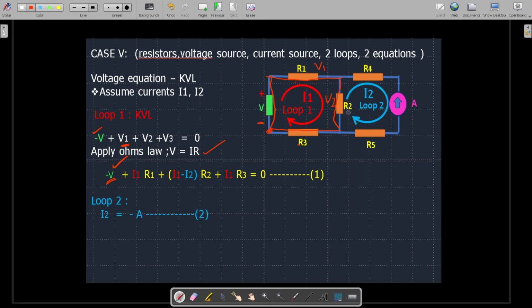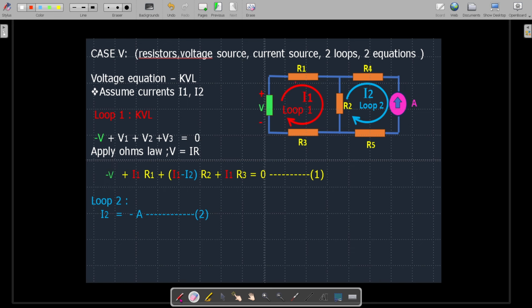For V2, the resistance R2 is common to both I1 and I2, so it is (I1 minus I2) into R2. For V3, resistance R3 carries only the I1 current, so I1 into R3, and the sum is equal to 0. In this way, we have formed the first loop equation.